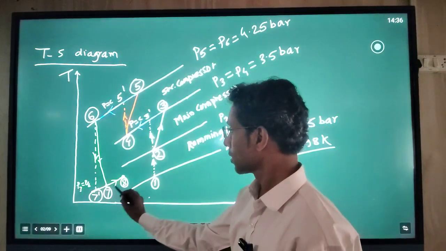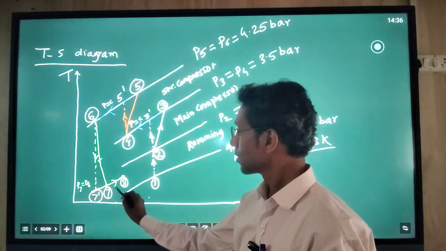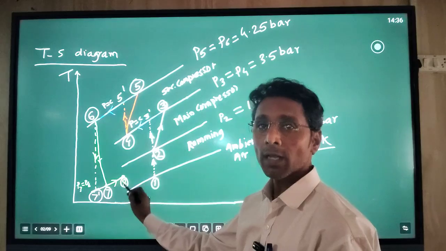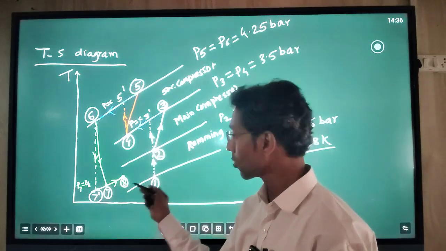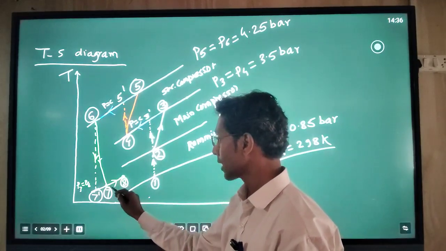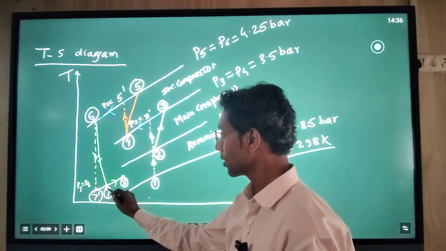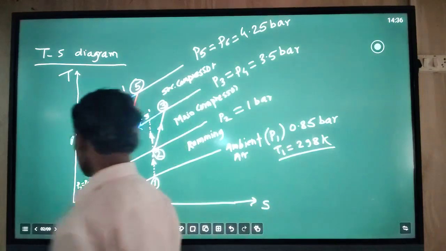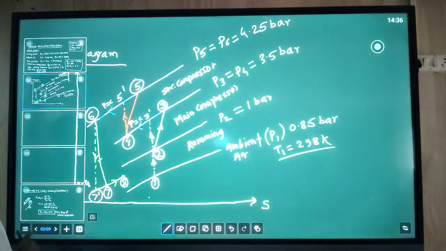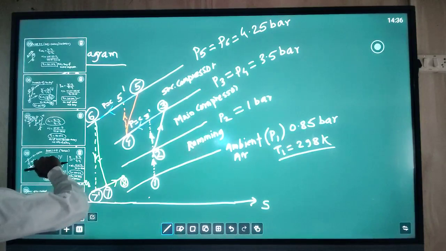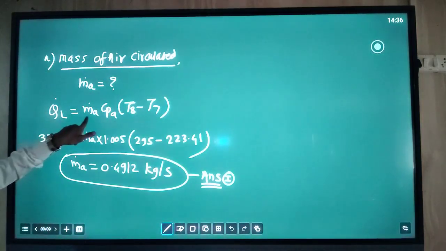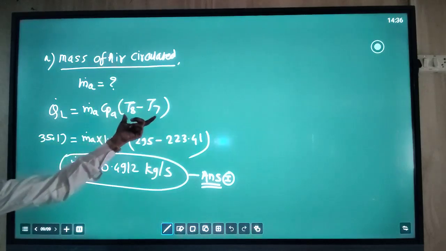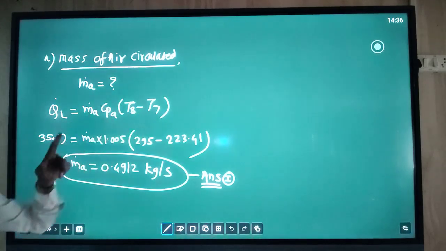During this process, there is a load from the cabin that is added to the air, or on the system. That load comes on the system, and that is why here we take the difference between point number 7 and 8 in the formula.